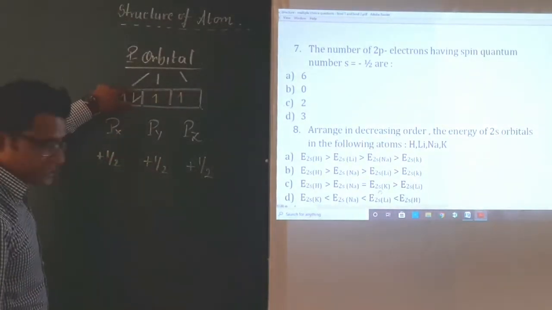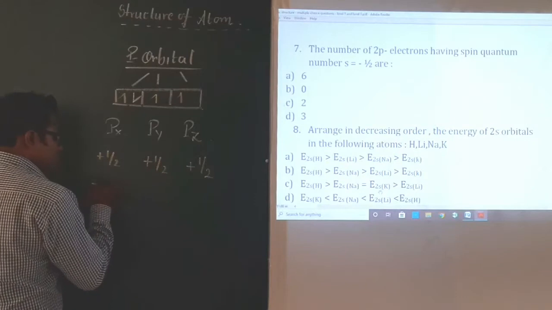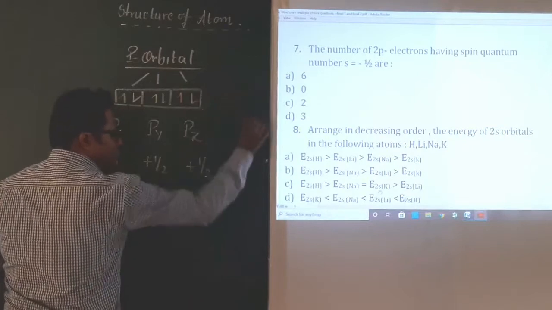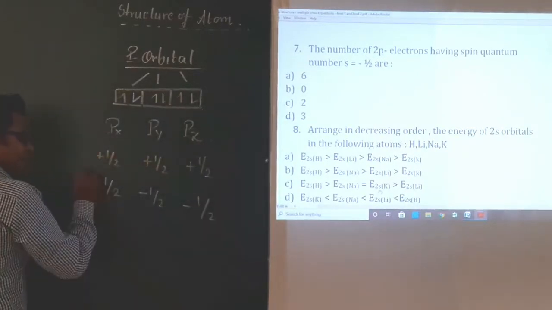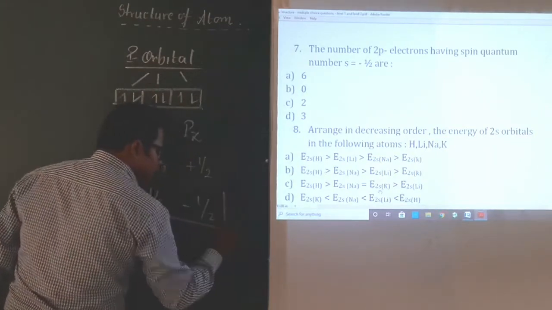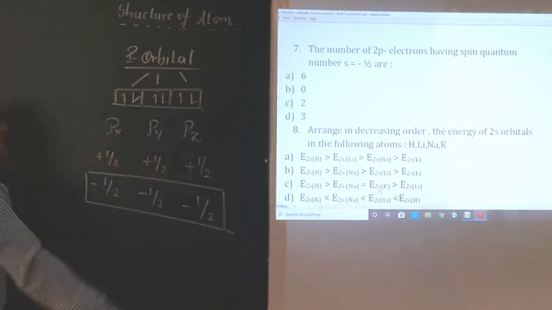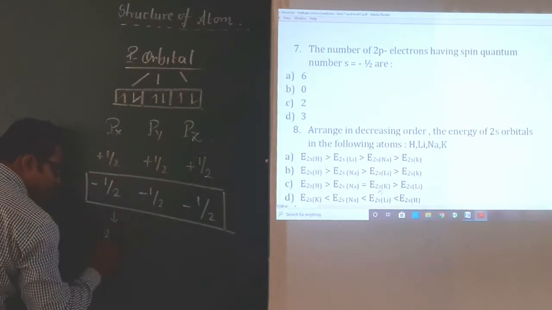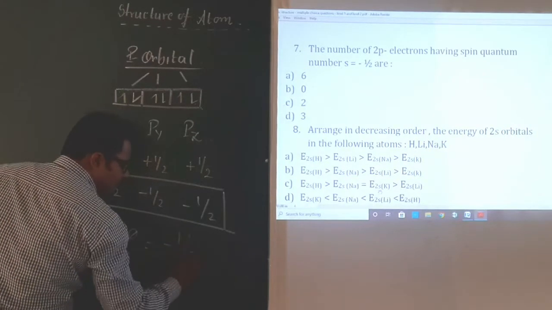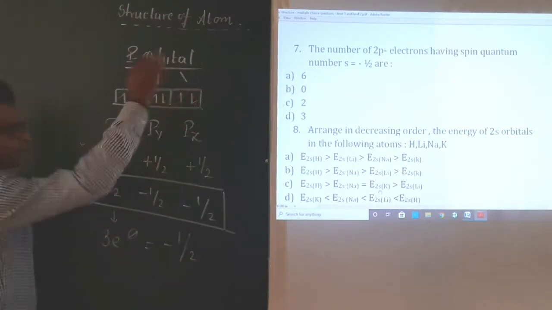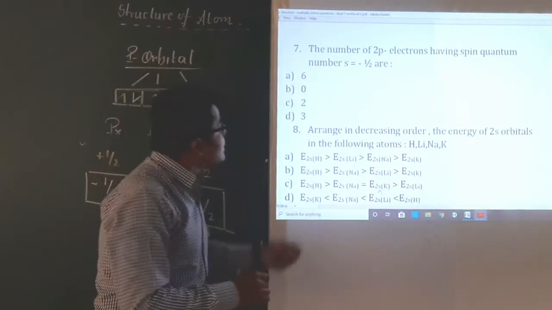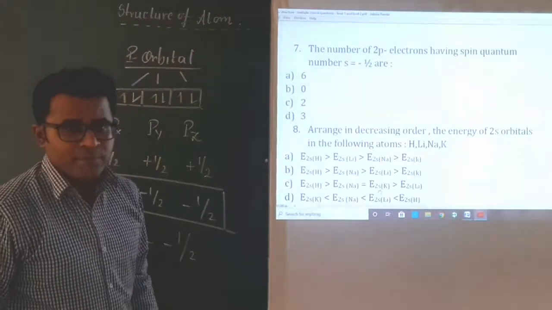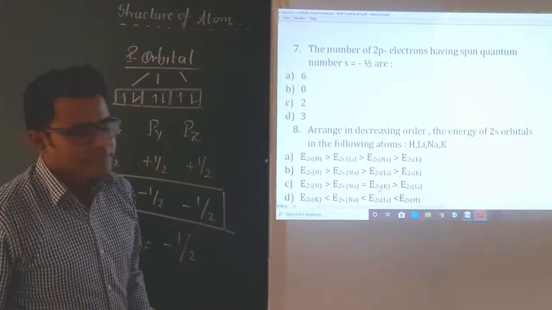So when an electron pairs up, the spin changes to minus half. Another electron comes over here, minus half. Another electron comes over here, minus half. So can I say, in p orbital, the electrons with minus half spin are 1, 2, 3. There are 3 electrons with minus half spin, and there are actually 3 electrons with plus half spin. So my answer for question number 7 is D. That is, there are 3 electrons with minus half as spin.